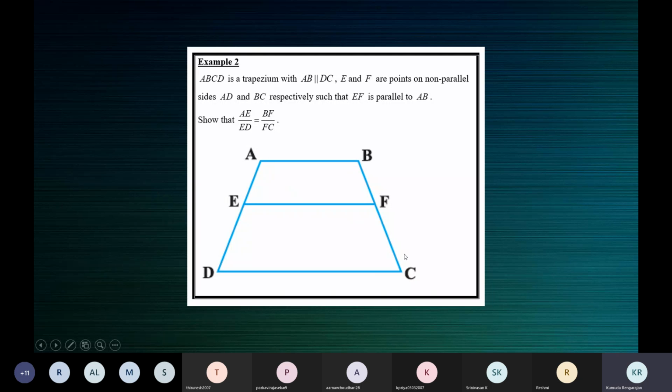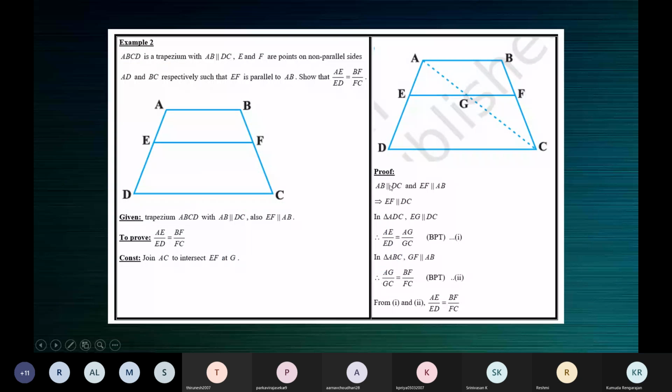Now, when you join AC, what happens? You have two triangles: one ADC and another ABC. So apply BPT in triangle ADC. What do you need to use BPT?